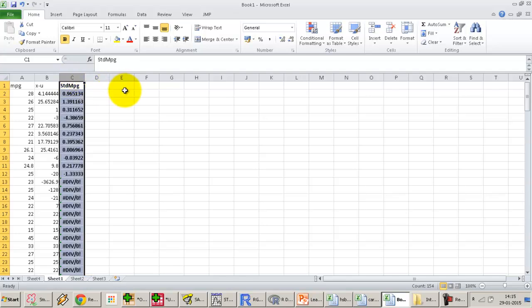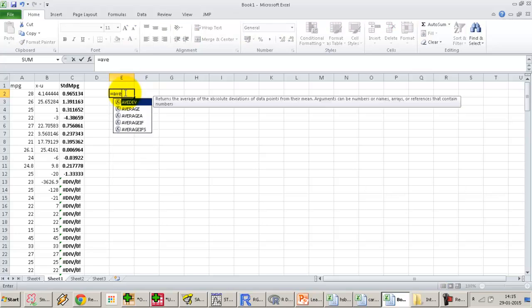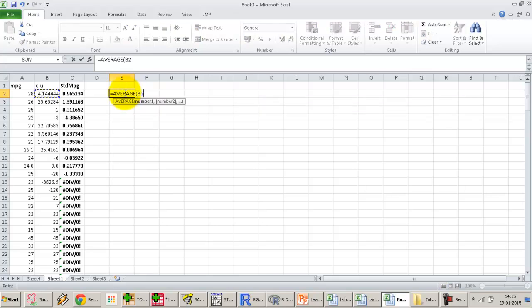This variable will have a mean of exactly 0. If I look at the mean of this variable, oh, I've not locked the formula. Just hold on. We need to lock the formula over here, and over here as well, and drag it down all the way.